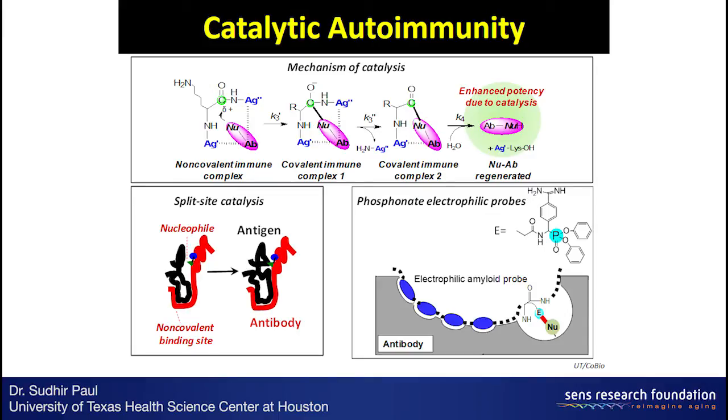As in conventional reversibly binding antibodies, these antibodies, which are shown here as antibody AB and then nucleophile Nu, bind non-covalently and form an immune complex. This is very much like a reversibly binding antibody. However, a nucleophile is simply a chemical group that likes positive charges.